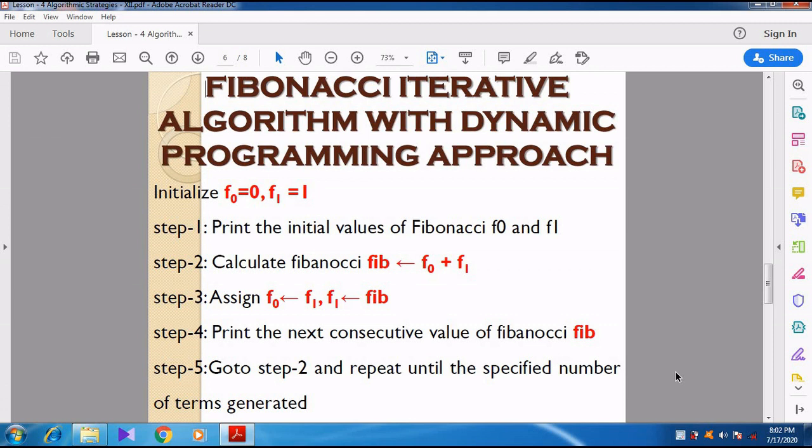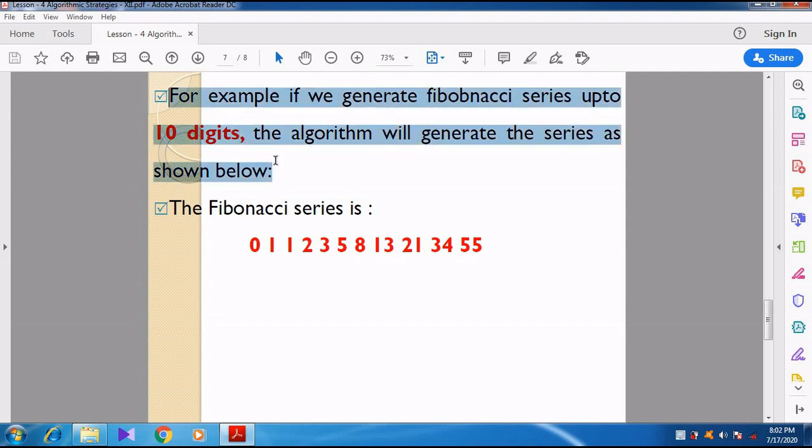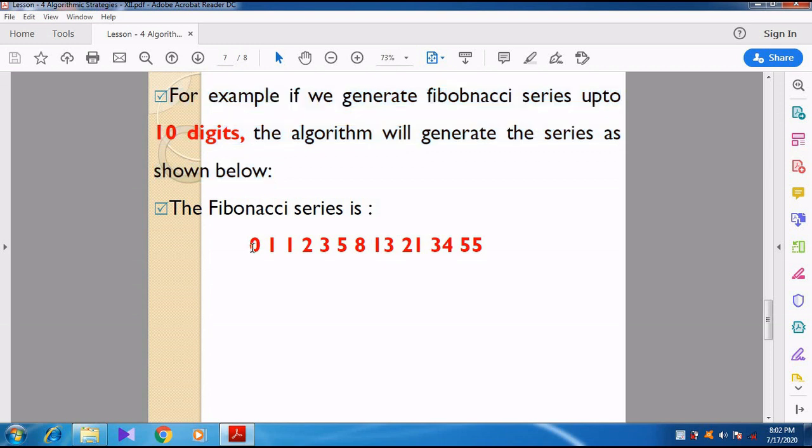Let's see, for example, if we generate a series up to 10 digits, the algorithm will generate the series. So what is the Fibonacci series result for 10 values? 0 plus 1 becomes 1.